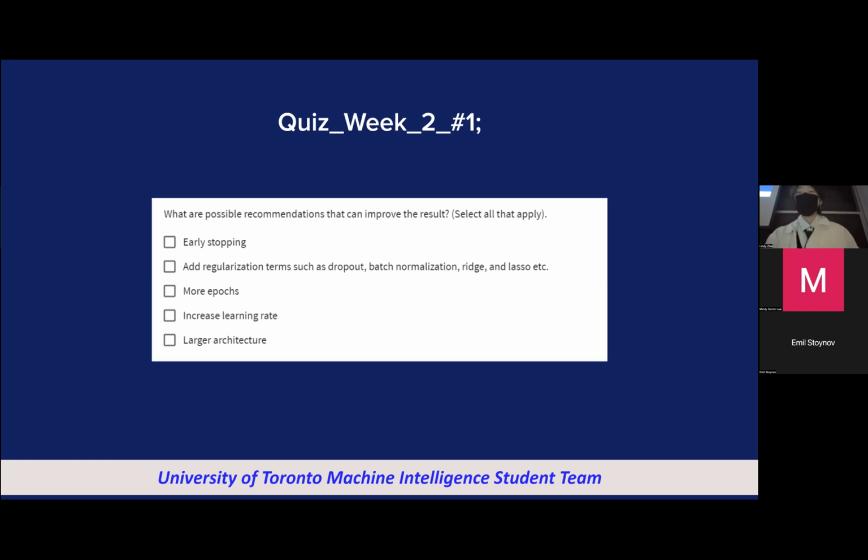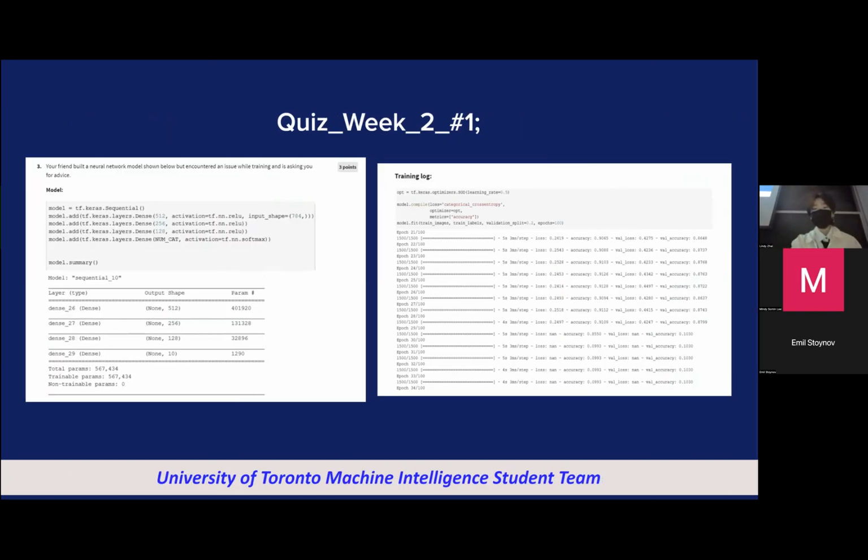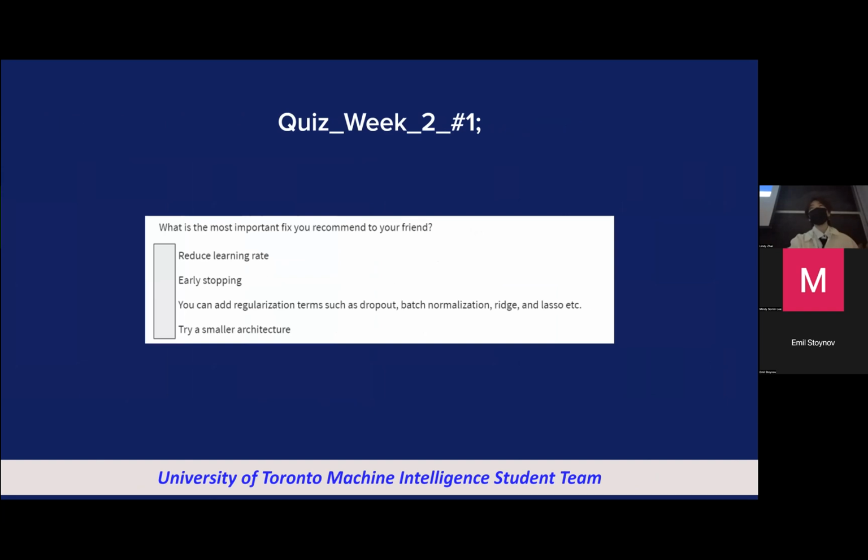Good, good. Okay, so the last question becomes quite self-explanatory as well, right? Because the last one is: what is the most important fix you recommend to your friend? As what I just said, early stopping would fix it, but you're not sure. If you take a smaller learning rate, you may actually converge to something much better, with higher accuracy.